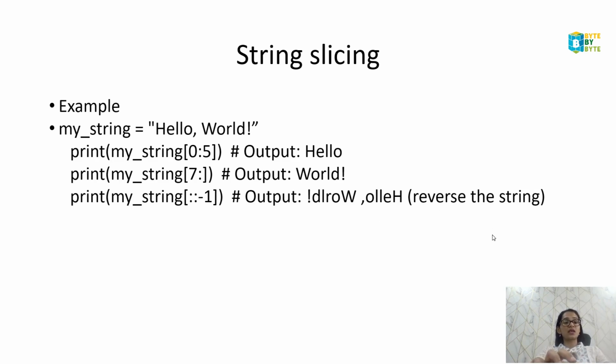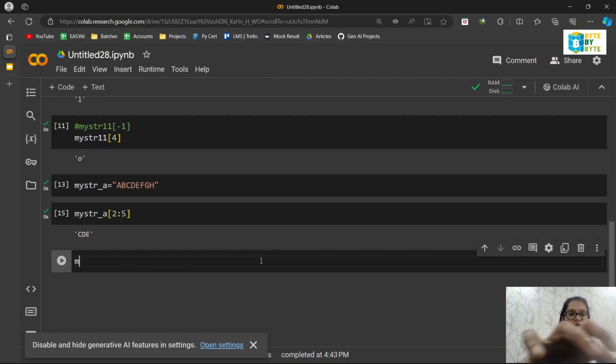So we will see the same example on our board in our Google Colab. Hello, comma, space, world. Here the exclamation point is there, right? This is our string.